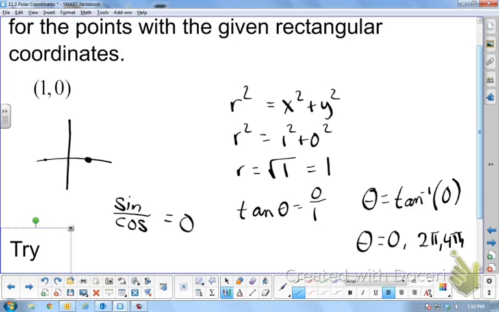Those are all possibilities. But if we used pi, to get the point back that way we'd have to make r negative 1. So if we just use r positive 1, we can do 0, or 2 pi. I wanted you guys to name more than one.